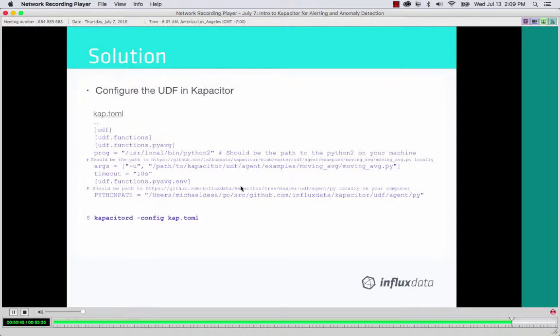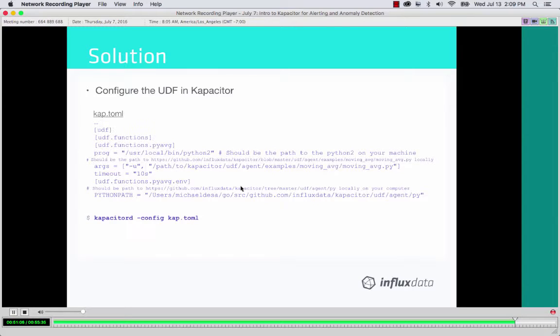In this case, that is Python 2. Then I specify any args that should be passed to the program. In particular, I'm specifying -u and then the path to the UDF Python code that has been written.